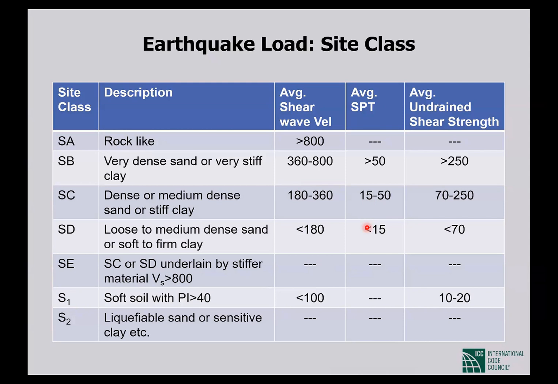So for example, to classify S1, there is no mention of N value. There is only mention of shear velocity, like in case of SA2.